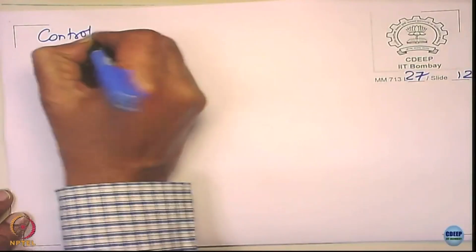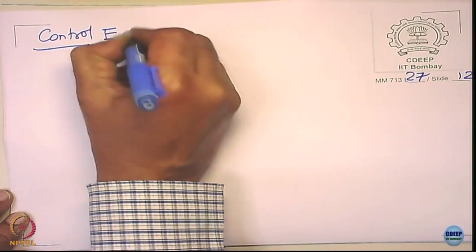So, we have almost come to the end of the discussion related to erosion, corrosion. Having understood the mechanism and the factors affecting erosion, corrosion, you should be able to tell how we can prevent or control erosion, corrosion.